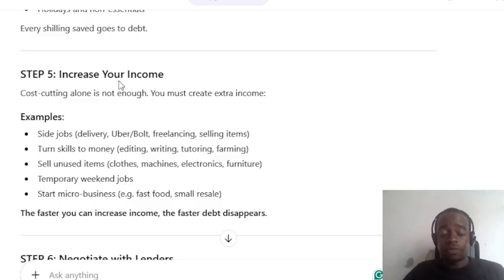So if you're not willing to cut expenses, you need to increase your income, which is a very important step towards cutting debt, all right?